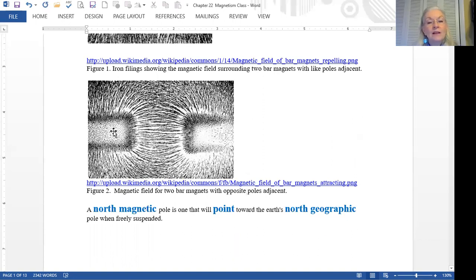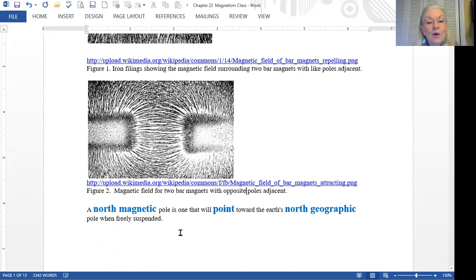And so that means that they have to be opposite magnetic poles. So maybe the one on the left is north and the one on the right is south, or vice versa. So opposites attract, likes repel. This second photograph is showing the magnetic field lines going across, so they're attracting each other. So please correct the two mistakes.